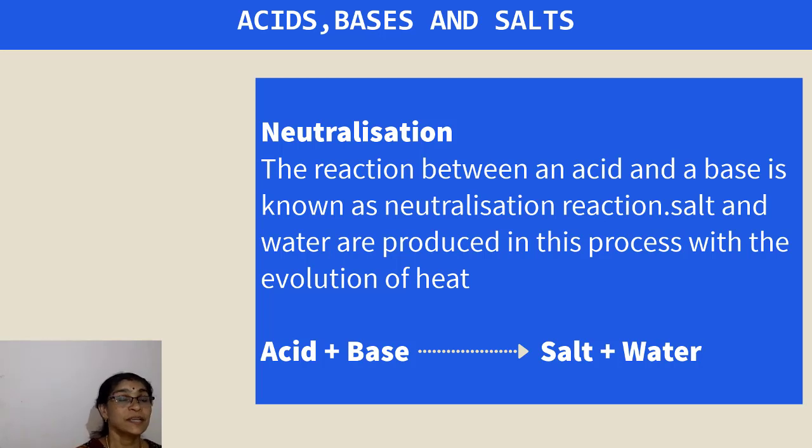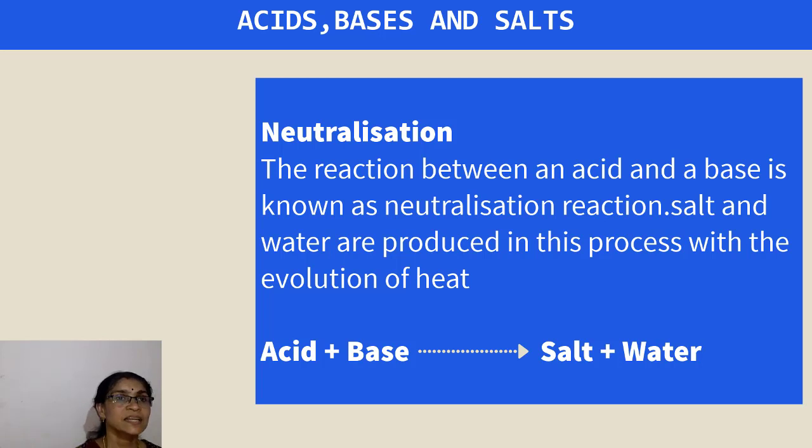The salt may be acidic, basic or neutral in nature. Along with the salt, water is also produced. And some amount of heat is evolved. The evolution of heat raises the temperature of the reaction mixture.